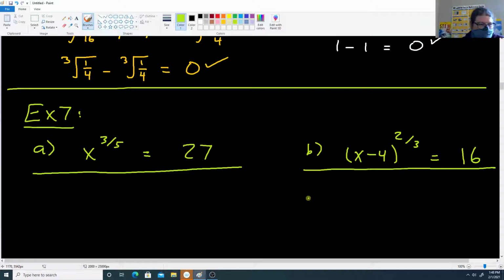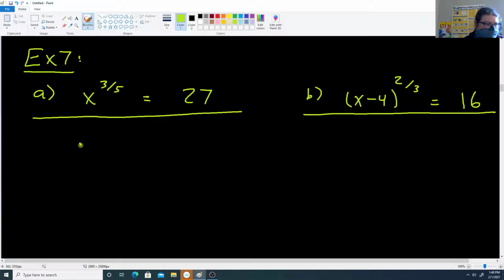For this first one, we need to get the 3/5 power moved to the other side. To do that, we're going to raise both sides to the 5/3 power.